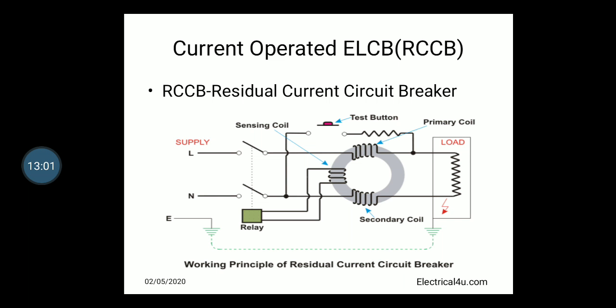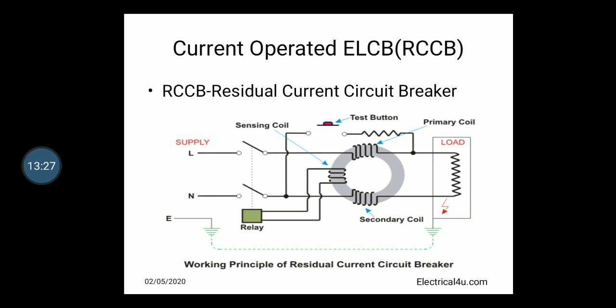That means under insulation failure or any faulty condition, the current entered, IL, is not equal to the current returned, IN. Some amount of leakage current goes to the earth.